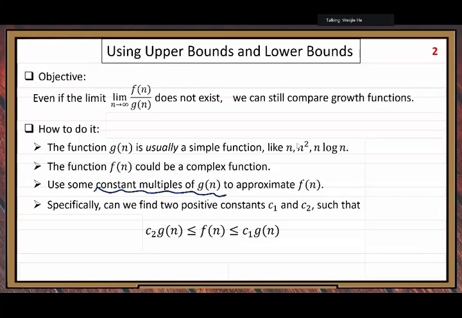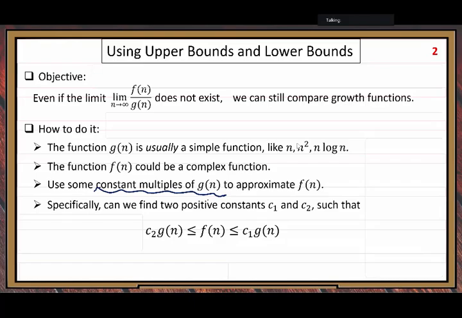C2 multiple of g function is a lower bound of f function, and C1 multiple of g function is an upper bound of f function. This way you can see we get around the limit. We never need to calculate the limit in this situation.